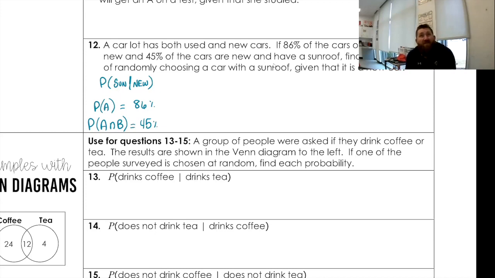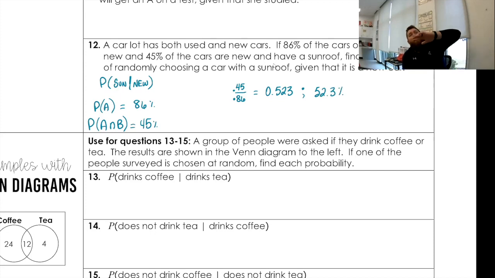So we're just going to convert these to decimals so we can solve them mathematically. So 0.45 divided by 0.86. And we pop that into the calculator, and we get 0.523. Or, if it really wants to get technical, 52.3%.